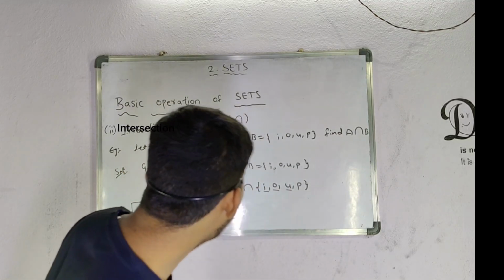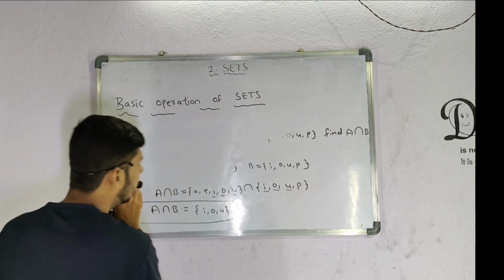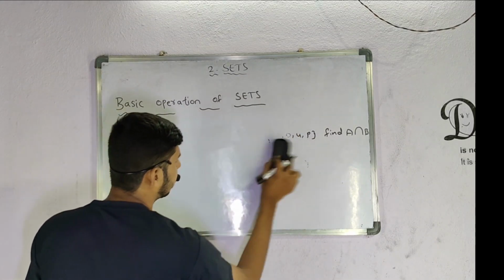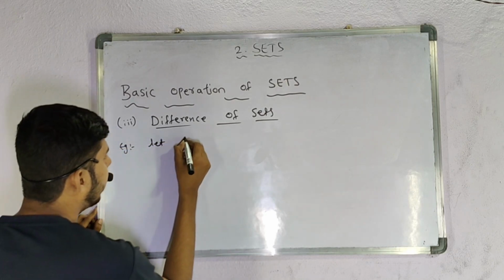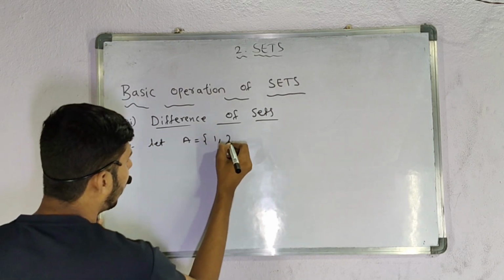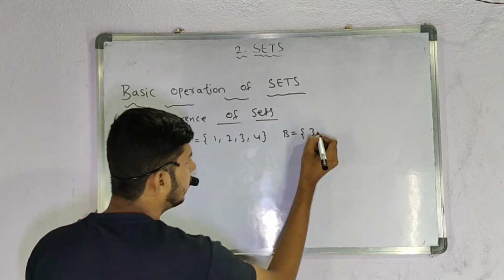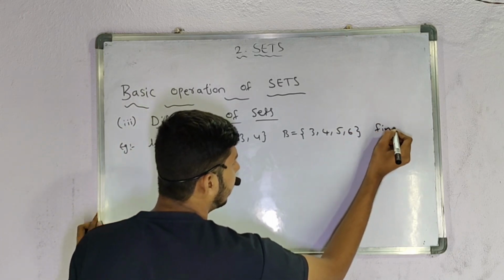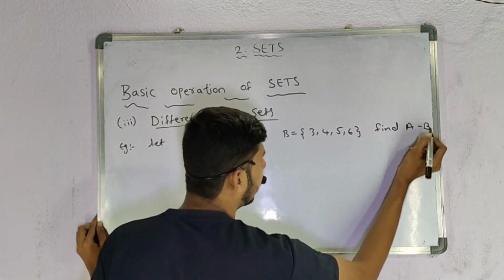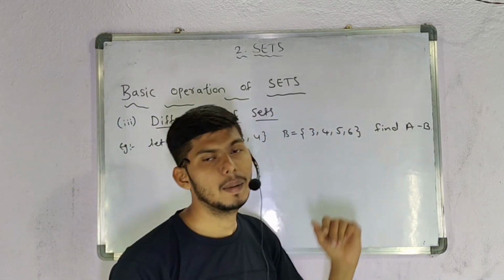Next, we are going to learn about difference of sets. For example, let A equal 1, 2, 3, 4 and the B set is 3, 4, 5, 6. Find A minus B. This difference of sets is represented by minus.